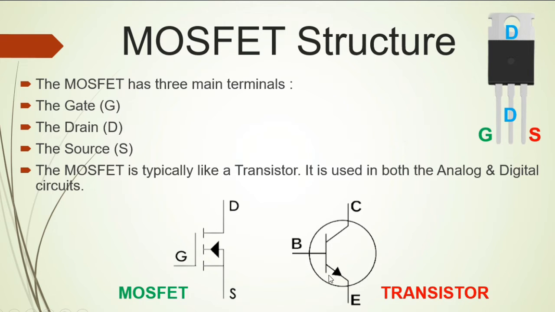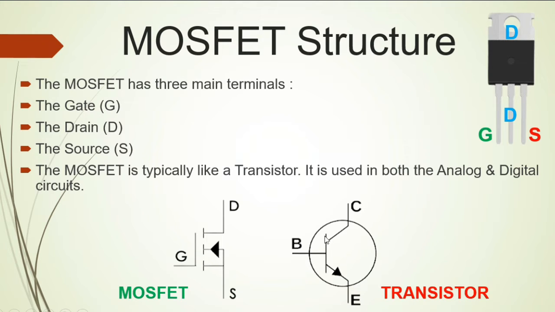For the transistor, there is a slight difference. We also have the small arrow here. For the transistor, it's the opposite of the MOSFET. When this arrow is from base to emitter, this transistor is NPN. And if this small arrow is in the other direction, meaning from emitter to base, the transistor is PNP.